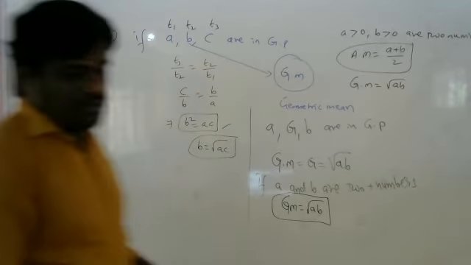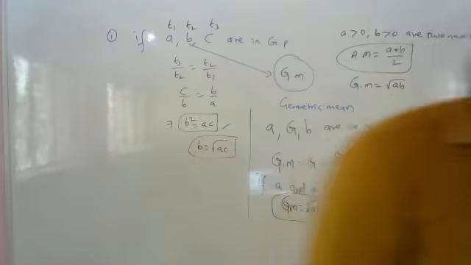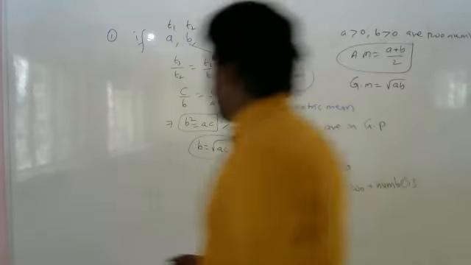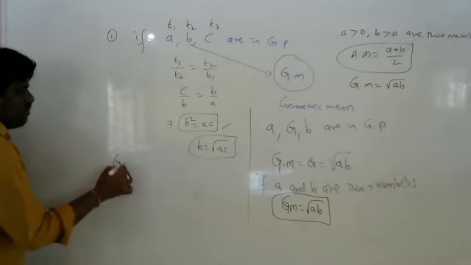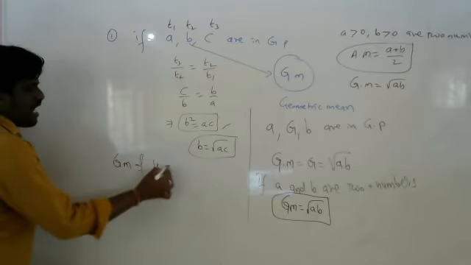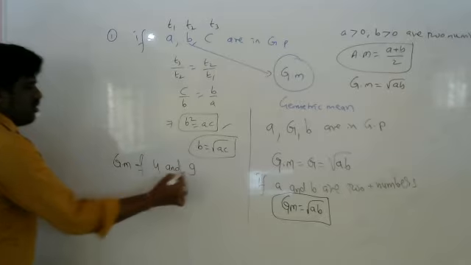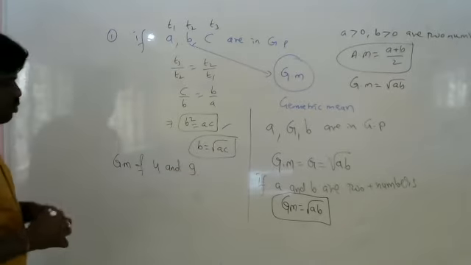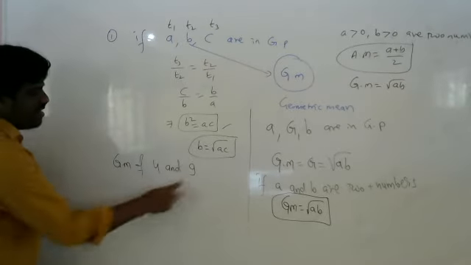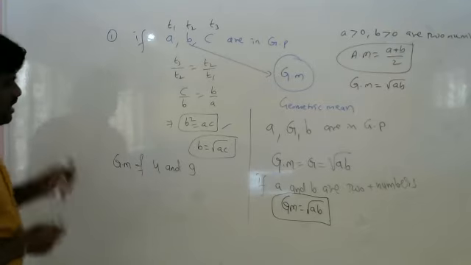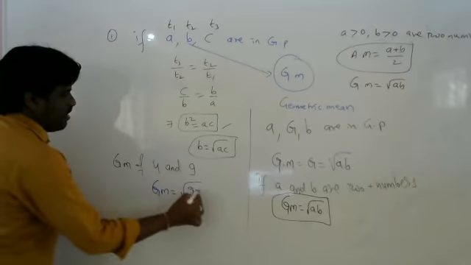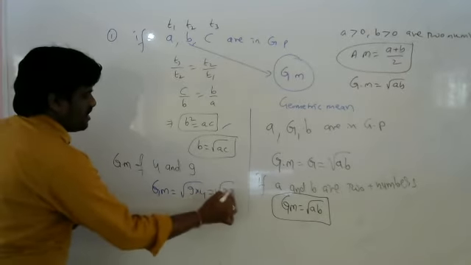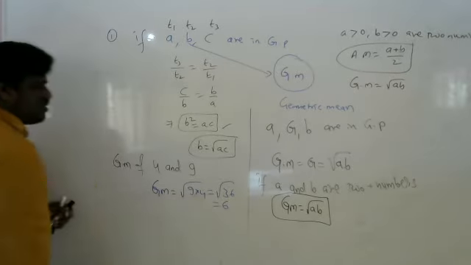My question is, find the GM of 4 and 9. Whenever they give two positive numbers, their GM is equal to the formula under root of 9 into 4, square root of 36, that is equal to 6.